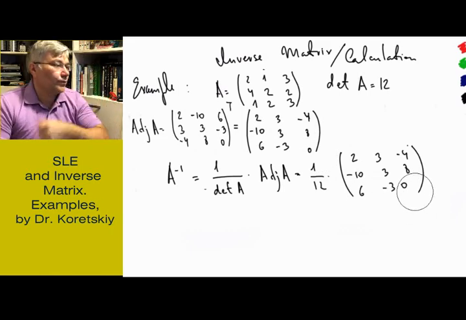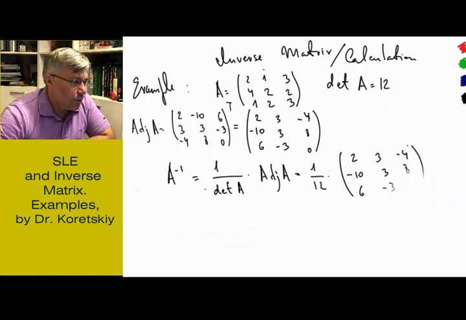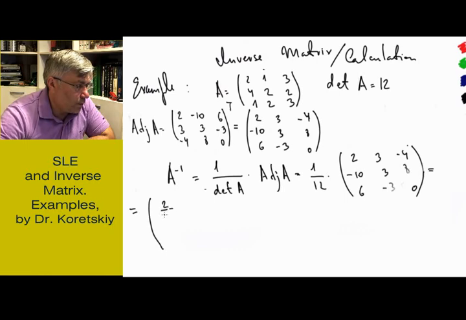So I can put this 1 over 12 into the matrix, and we have 2 over 12, 3 over 12, minus 4 over 12, minus 10 over 12, 3 over 12, 8 over 12, 6 over 12, minus 3 over 12, and 0.